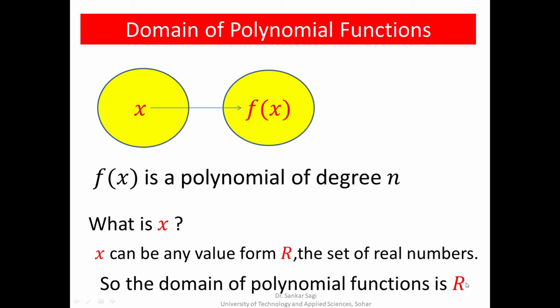R is the set of real numbers. So whenever there is a polynomial function, the x value you can take is any value from R, that is a positive real number, a negative real number, or 0. So real numbers we know: you can take 0, 1, 2, 3 or -1, -2, -3, those are positive integers, negative integers.